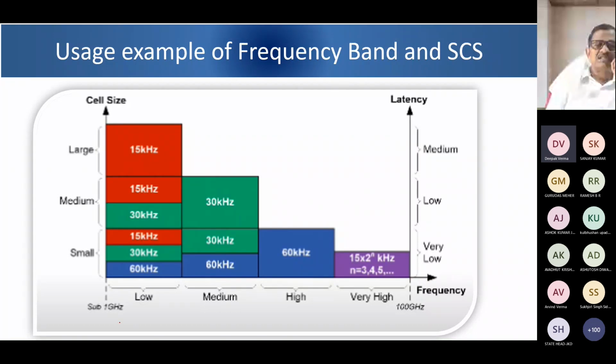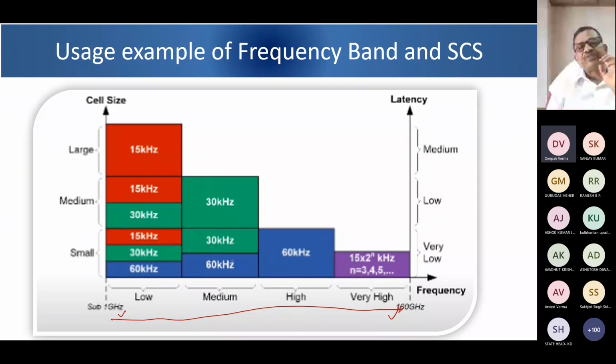On this axis we have frequencies. Here it is sub 1 gigahertz, then we have mid band, and then very high millimeter wave. Let us talk about sub 1 gigahertz. The question is whether I can use 15 kilohertz or 30 kilohertz or 60 kilohertz.